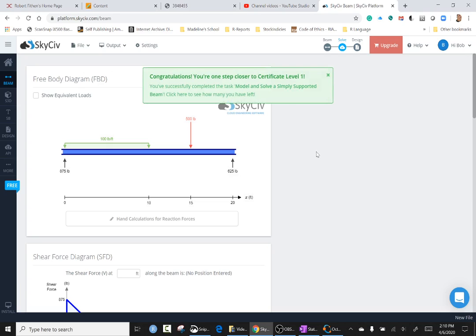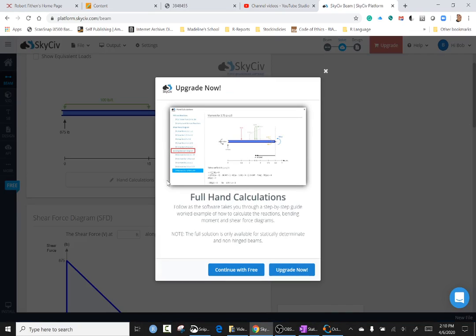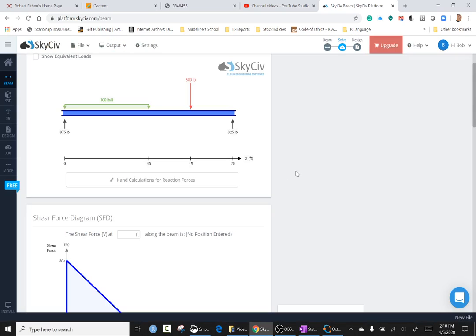I don't know what that is, certificate level 1. I think if you go in here and do that, you're going to have to pay, but if you want to pay, it's up to you.